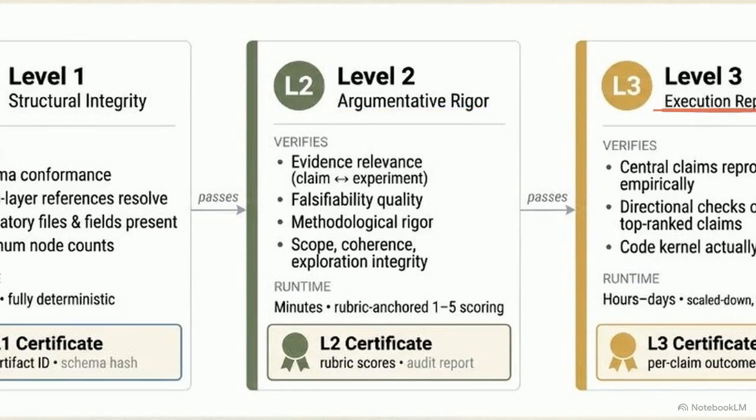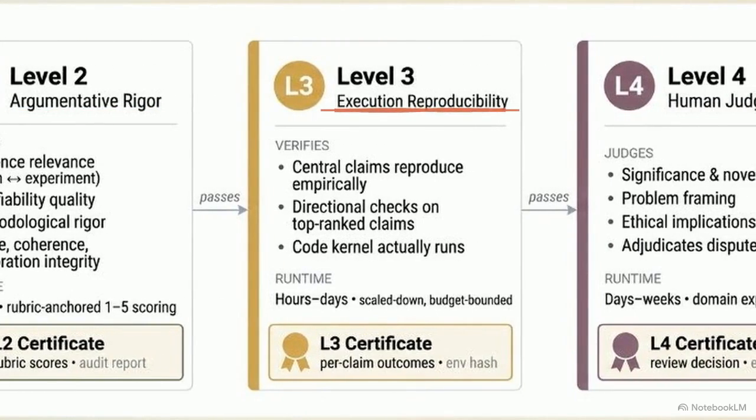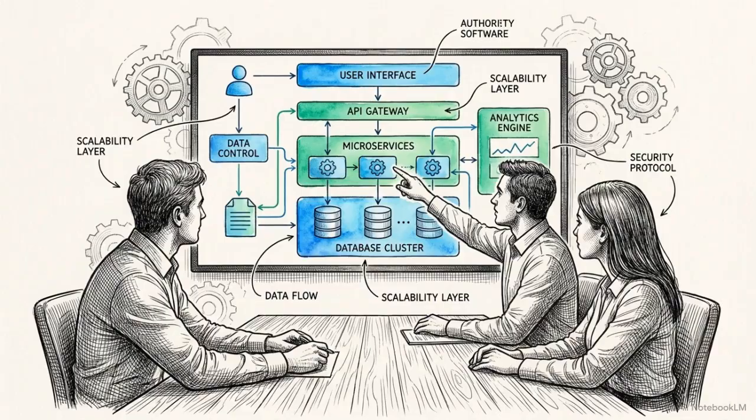Level 3 tests execution reproducibility, verifying claims via targeted checks against the code kernel. This funnel filters out submissions that fail mechanical checks or lack reproducible results before they ever reach a human. Automating mechanical validation redirects expert attention towards significance, novelty, and scientific taste.